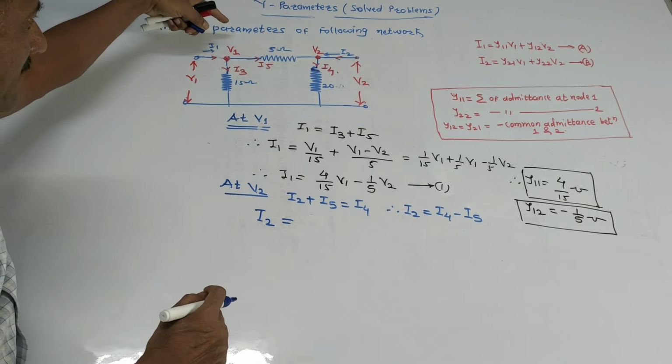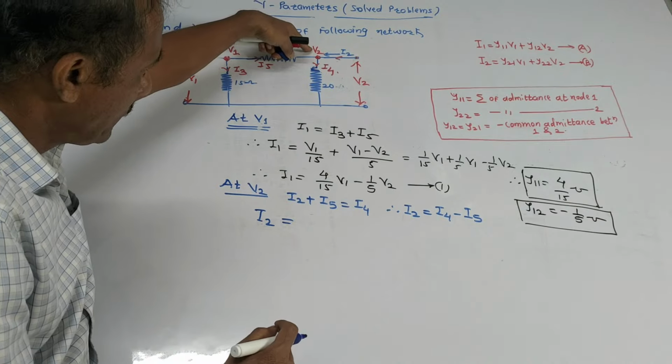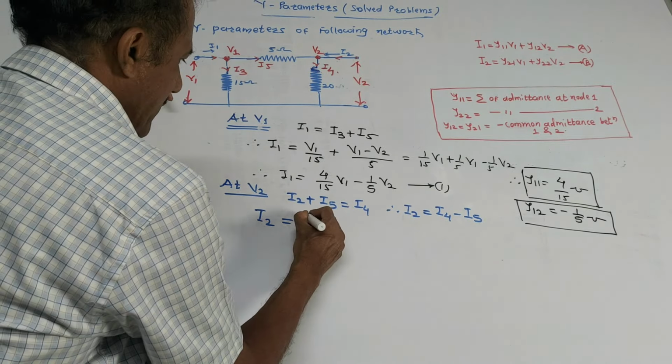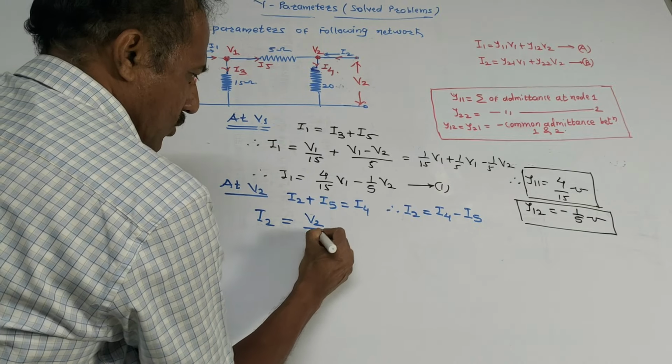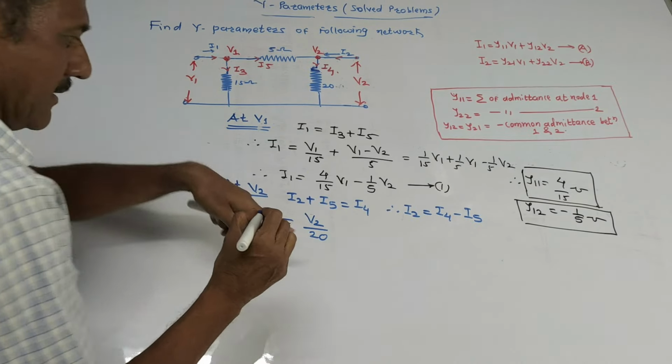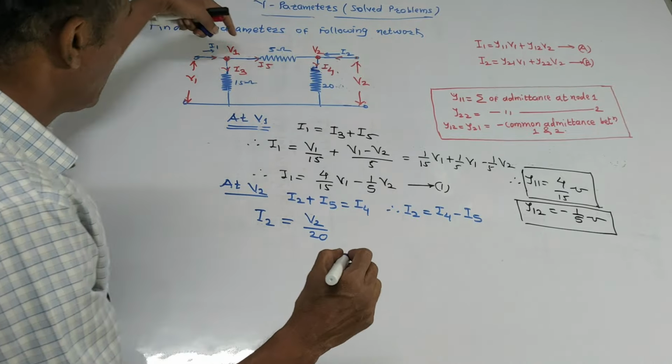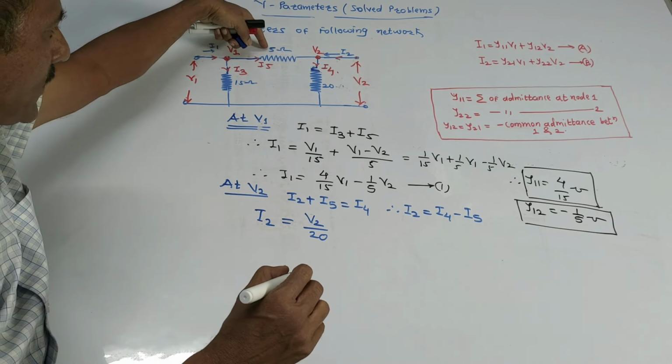Look at the diagram. The equation of I4 is V2 minus ground level, that is V2 minus 0 upon 20. That is V2 upon 20. This is the equation of I4. I5 is the current flowing through this 5 ohm resistance.